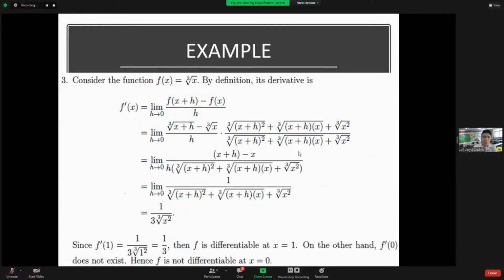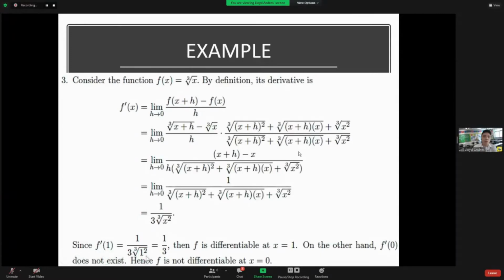Since this is f prime of x, if we are asked to solve for f prime of 1, meaning the derivative of f of x at 1, we just substitute 1 for x. So, 1 over 3 times the cube root of 1 squared.